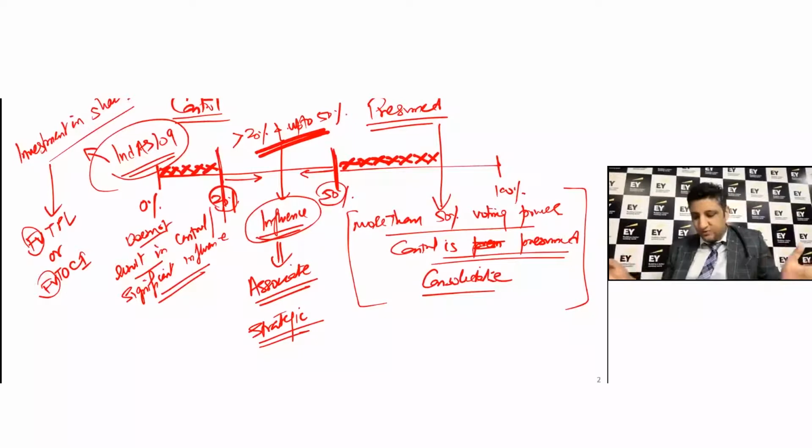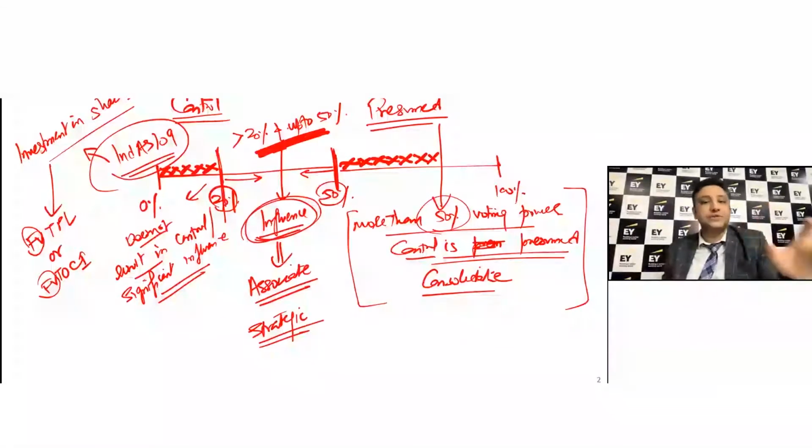So that's what you want to remember. From an examination standpoint, if it is more than 50%, control is presumed. If it is less than 20%, Ind AS 109 financial instruments gets attracted. But anything which is more than 20% and up to 50%, significant influence and investment in associate is available.